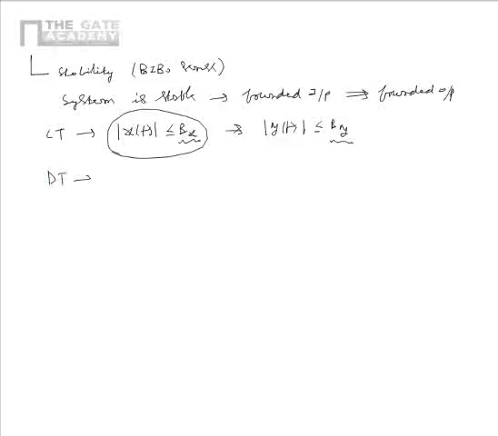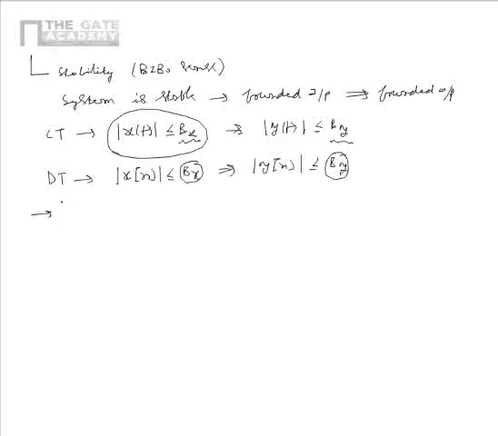Similarly, in case of discrete time systems, the equivalent relation can be written as: if mod of x of n is less than or equal to bx, then it implies that mod of y of n is less than or equal to by, then the discrete time system is also stable. Here the quantities bx and by are finite.